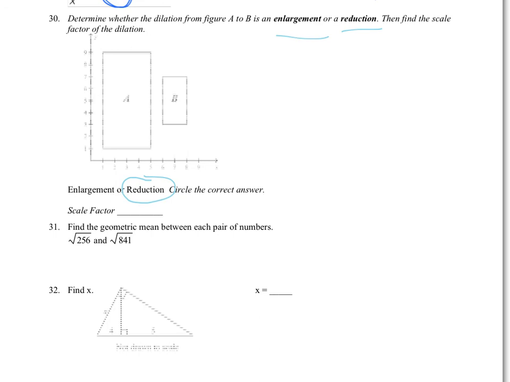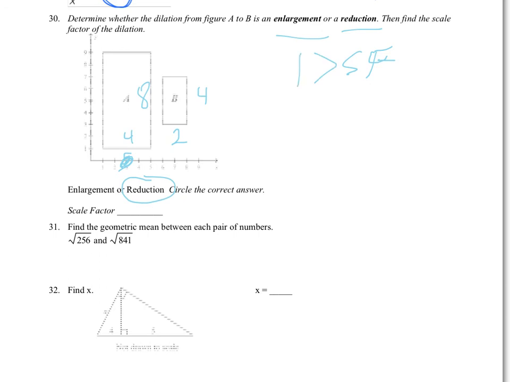Our scale factor: we would find the lengths of the sides, and this side is 5 by counting, and this side is 8. And for B, we have 2, and then we would have 4. I'm sorry, that wouldn't be 5, that would be 4, wouldn't it? So the scale factor from A to B, notice it's getting smaller, so my scale factor has to be less than 1.